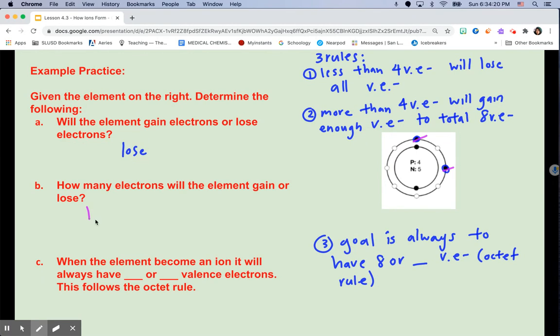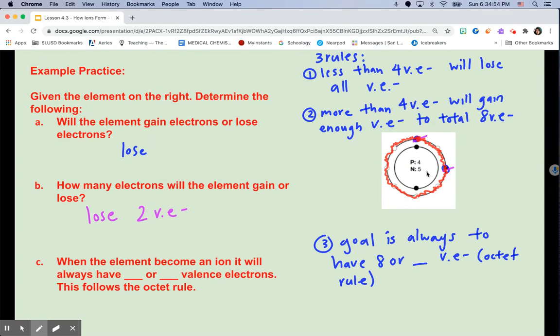So it will lose 2 valence electrons, right? Because once it gets rid of the 2, underneath it will have a full ring of valence electrons. So once I get rid of those 2 electrons, there's nothing in that outer ring. So it kind of disappears. And I'm left with a full ring of valence electrons.